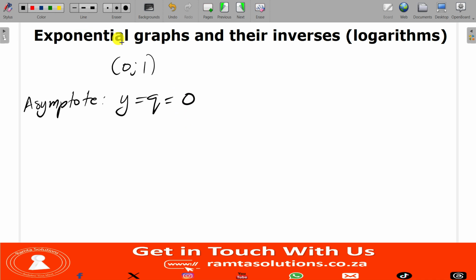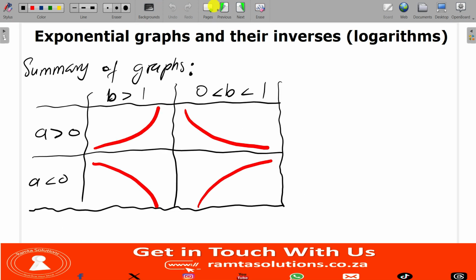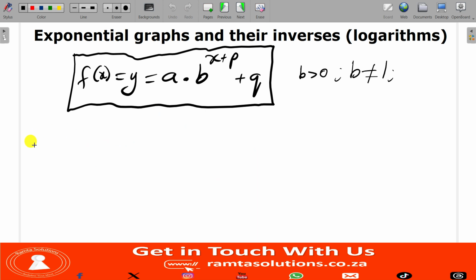Okay, y equals 0. I think I need to add some further information. I want to talk about domain and range. Let's begin with the domain. The domain of an exponential graph is that it'll take all x values, so we'll say x is an element of the real numbers.